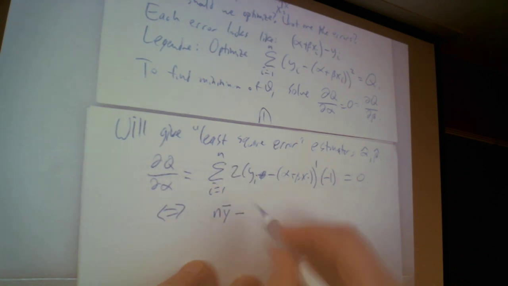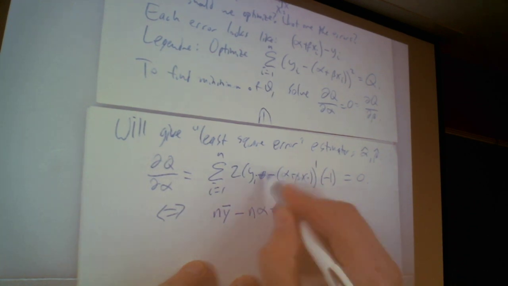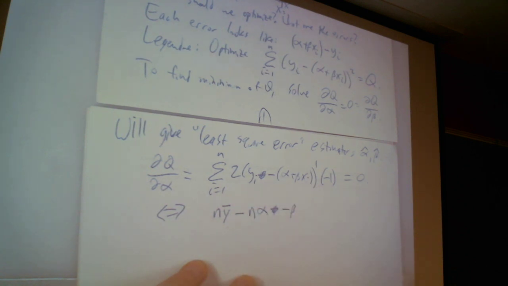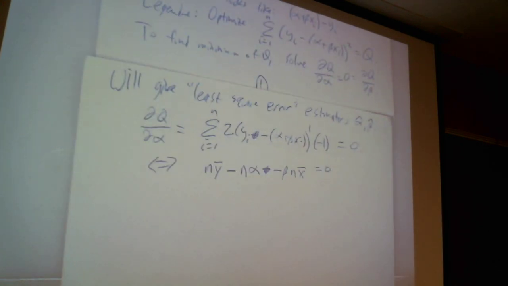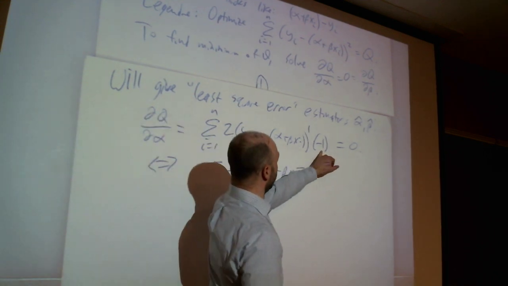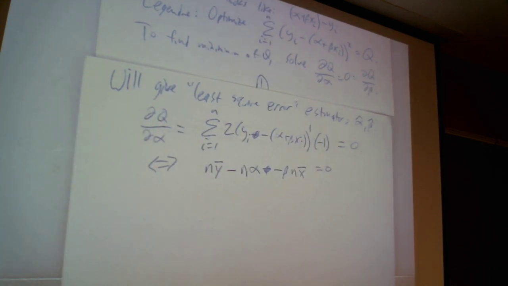N. Everybody see that? N alpha. Minus beta times the sum of the xi, n x bar, beautiful. N x bar equals 0. Does everybody see that? So the -1 and the 2 we can just drop right away.